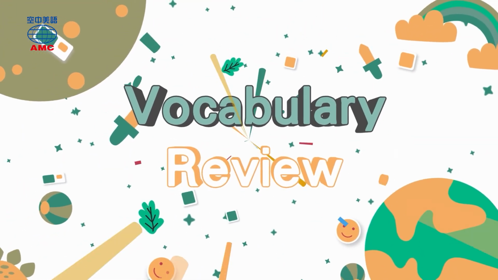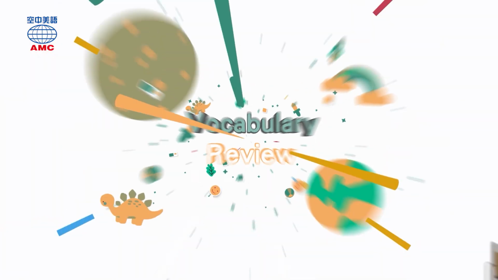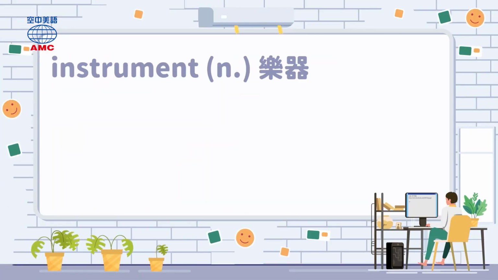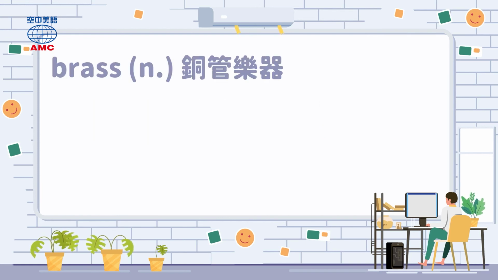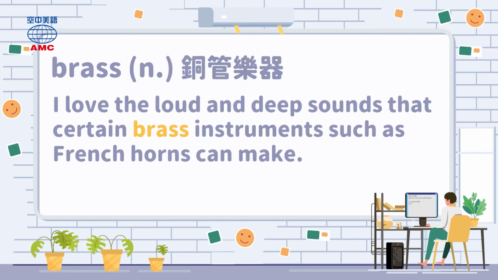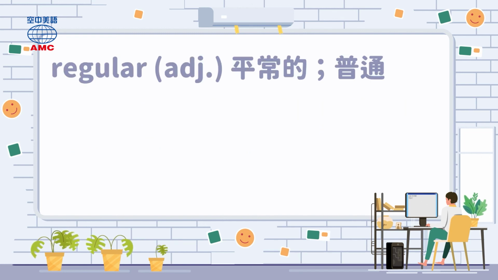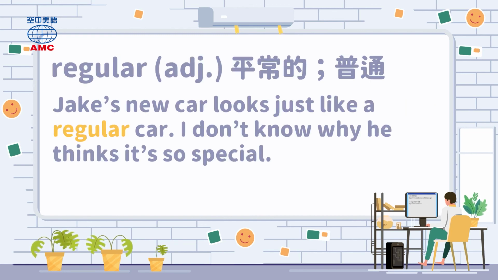Vocabulary Review. Instrument. Emma plays several instruments, including the piano and the violin. Brass. I love the loud and deep sounds that certain brass instruments, such as French horns, can make. Regular. Jake's new car looks just like a regular car.